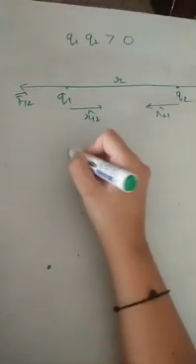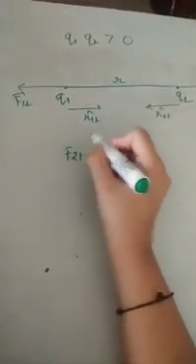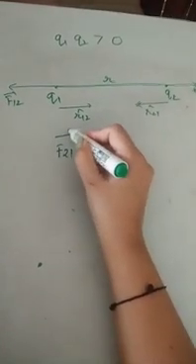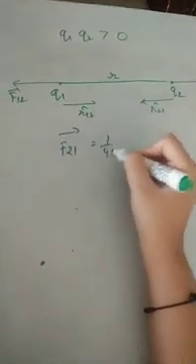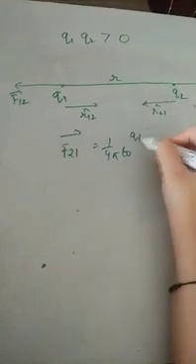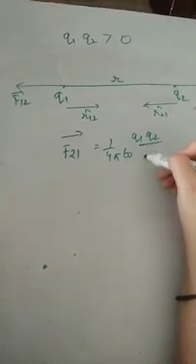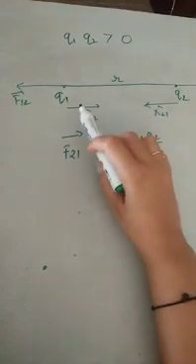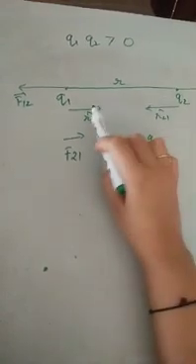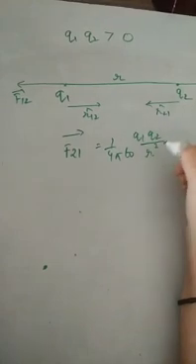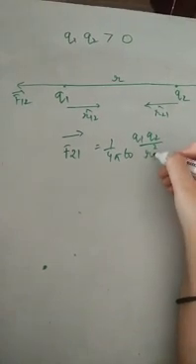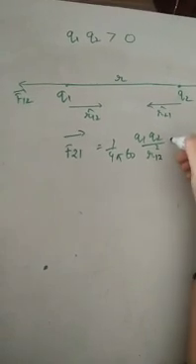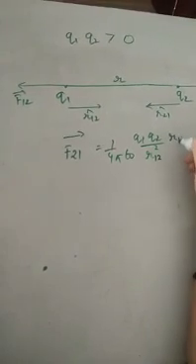So when we are writing force, suppose if I say F21, what is F21 in vector form? If I am writing, it is 1 upon 4 pi epsilon naught q1 q2 upon r square, and here, just to make it a vector, I need to write r12.